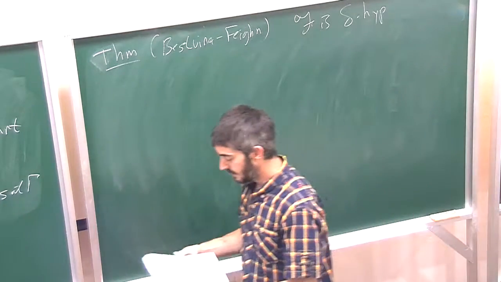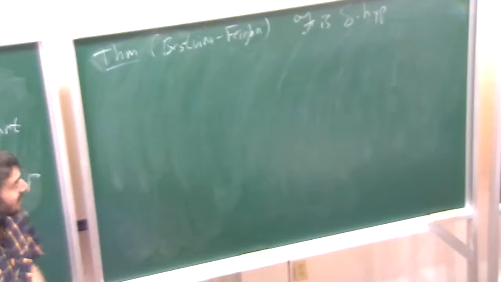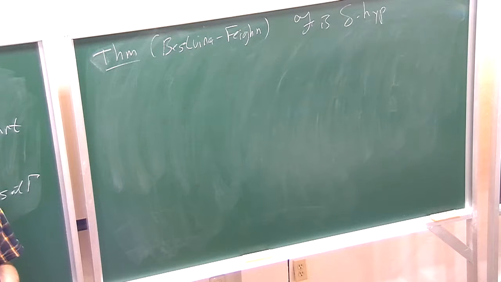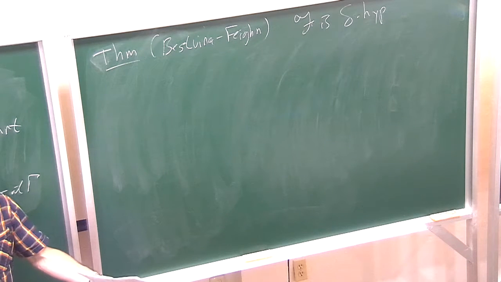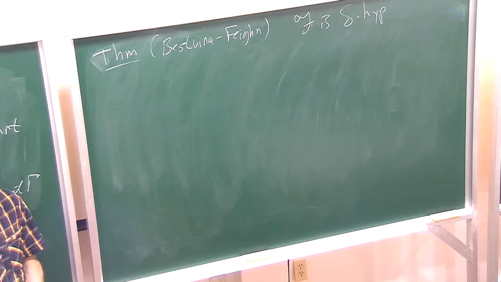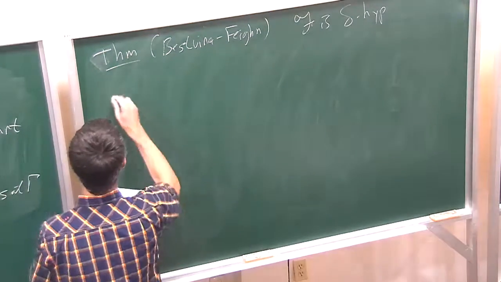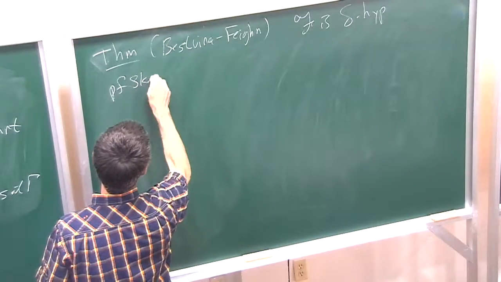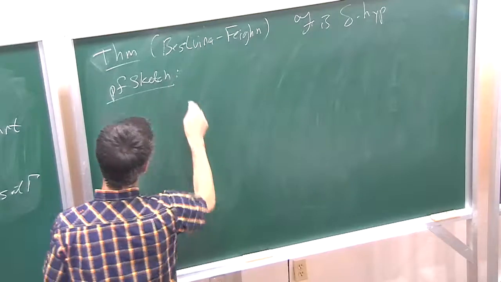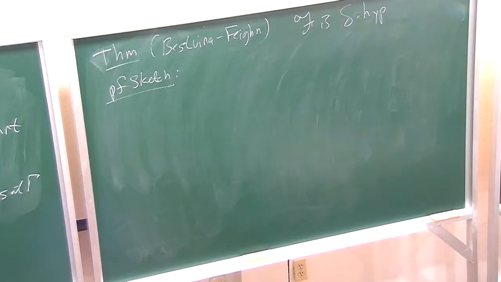OK, now this is kind of a hard theorem, but I want to give you the idea of it because we need it, sort of. OK, so I'm going to give a sketch. OK, so the sketch is to use folding paths.